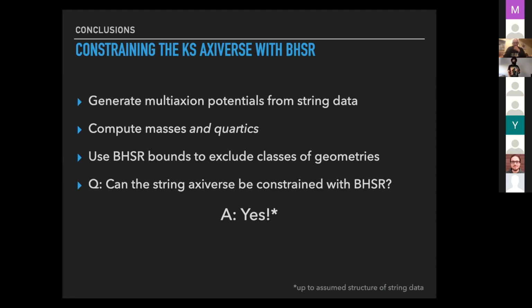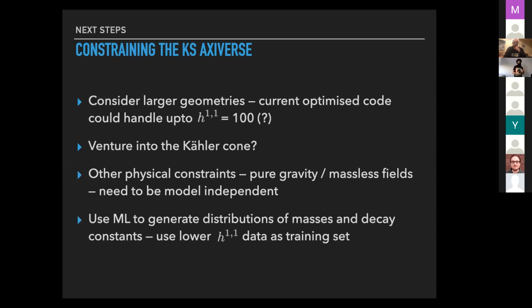Follow-up projects to this work, which would, I think, be very interesting to the wider community: at the moment, the code is fairly well optimized and, with enough cluster time or with a bigger cluster, which I'm applying for access to, could well handle up to H11 equals 100.